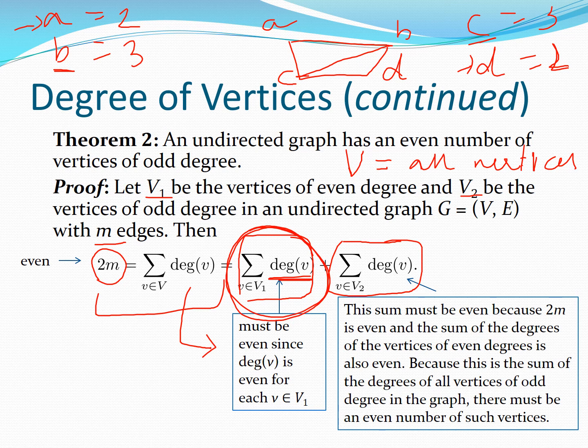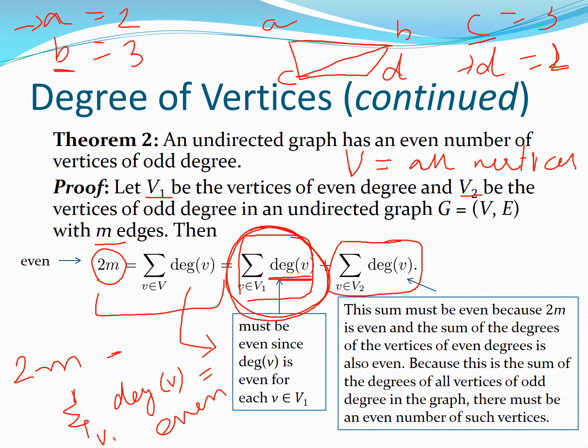So what do we know here? If we take 2m to the other side and subtract the sum of degrees of everything in set V1, this part is going to be even.